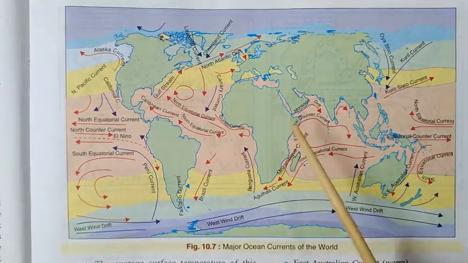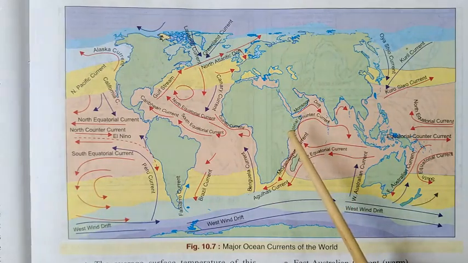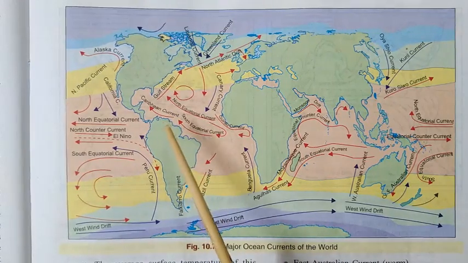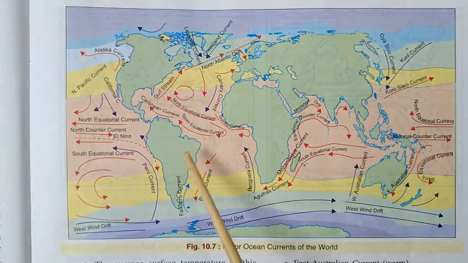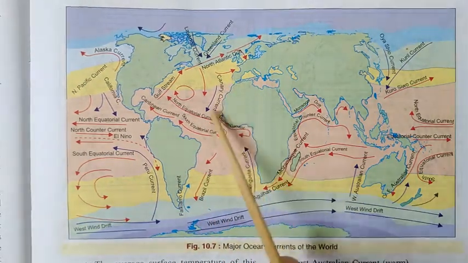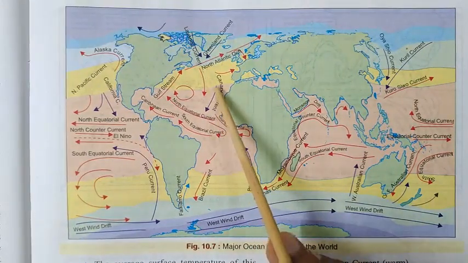So the cold water, which usually flows below the warm current, comes onto the surface, and the warm water is turned under. This is how a warm current changes into a cold current.